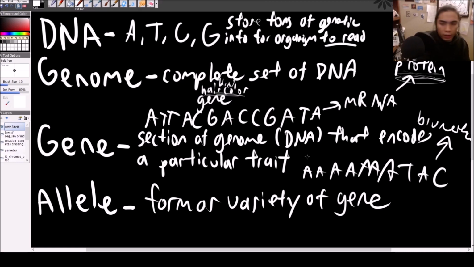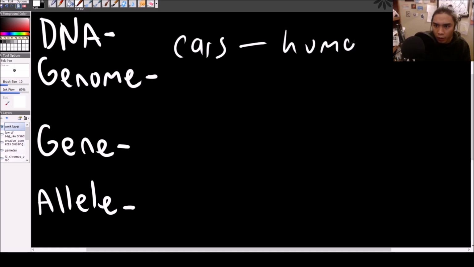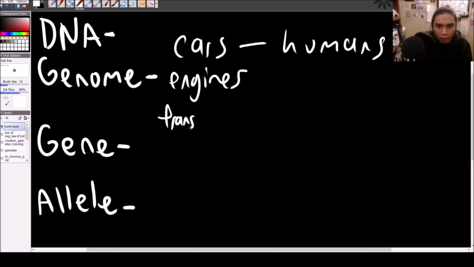So this is kind of confusing some of the time, so I'm going to talk about an example. Let's think about cars and compare them to humans. Cars need engines. All cars have engines, I think. And then they have transmissions. And they also have wheels. So all cars have these traits.